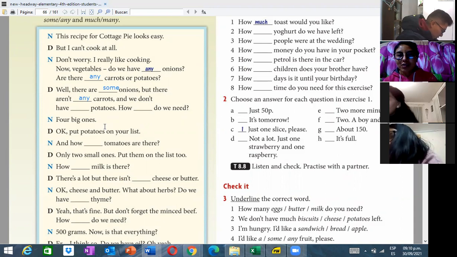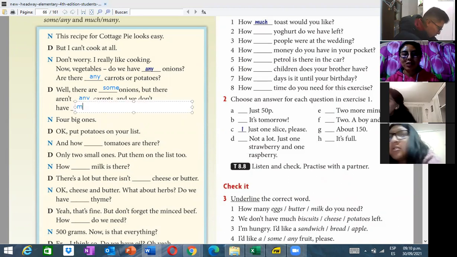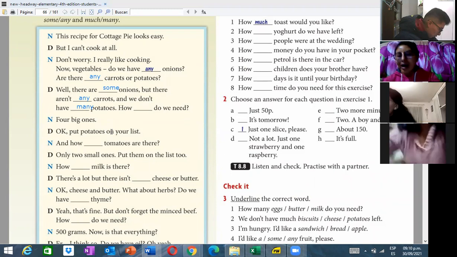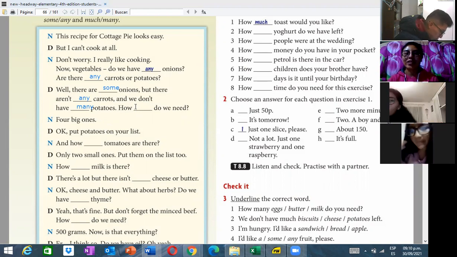And we don't have what? Many. Many potatoes. The question, how many. How many do we need? Very good. How many? ¿Cuántos necesitamos? Right?